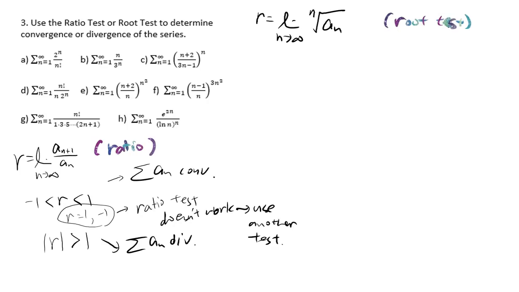Okay. And the remaining is the same. If r is between -1 and 1, it converges. If r is 1 or -1, you have to use something else. And if it's like this, then it diverges. So it's the same conclusion. And the idea of these tests both arises from trying to make sense of the series itself by thinking of them as something similar to a geometric series.